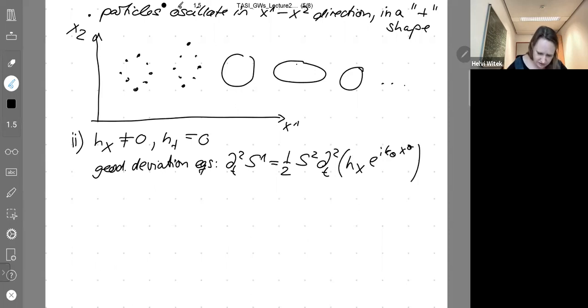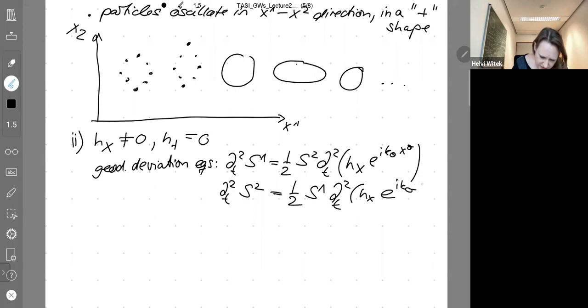You get that very straightforwardly if we just insert our plane wave solution that we found for the gravitational potentials. And similarly, for the second component of the deviation of the separation vector, we have 1/2 S1 times the second time derivative of h cross e to the i k_σ x^σ.